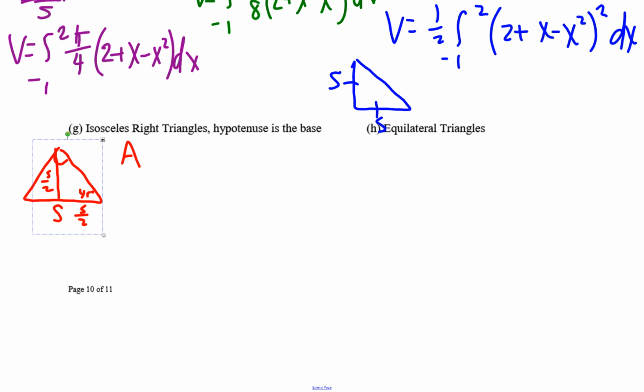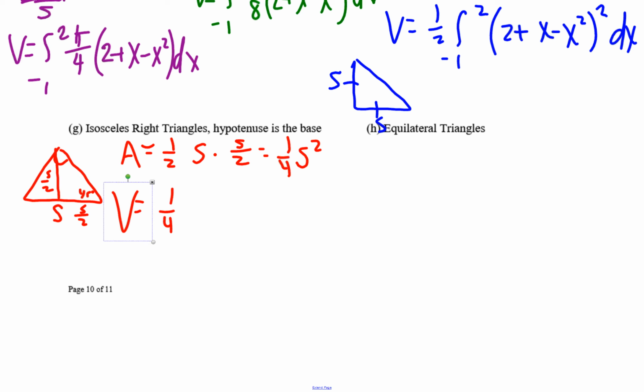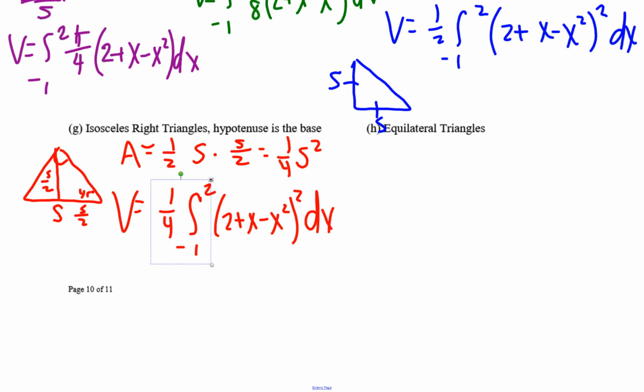So the area would be given by 1/2 base times the height, which would be 1/4 S squared. So then the volume would be 1/4 the integral from -1 to 2 S squared dx.